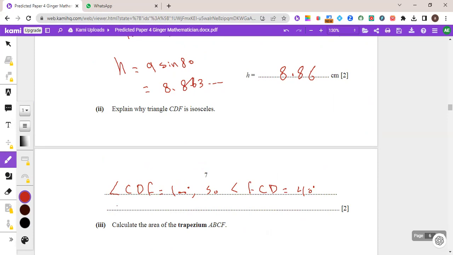Two angles in triangle CDF are the same, then it is an isosceles triangle. 2 marks.